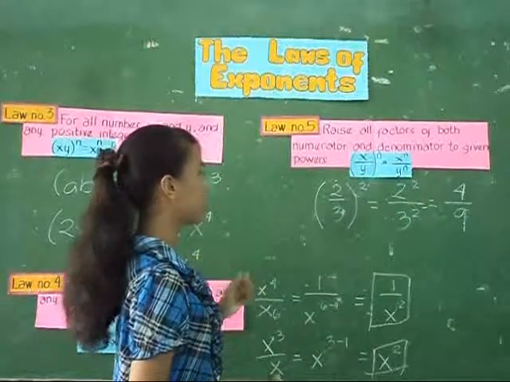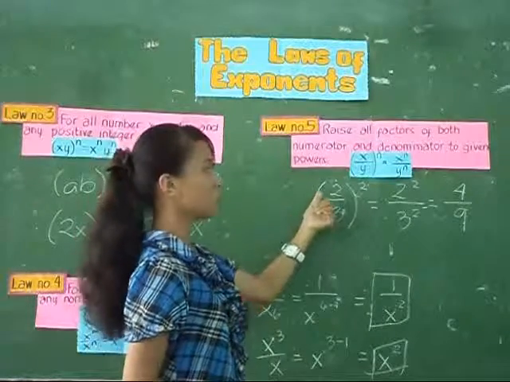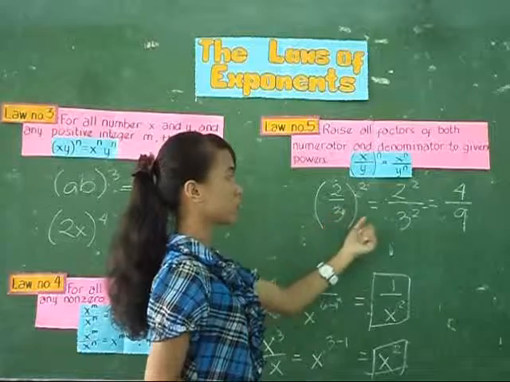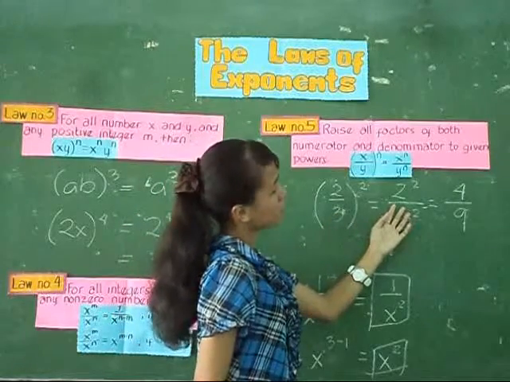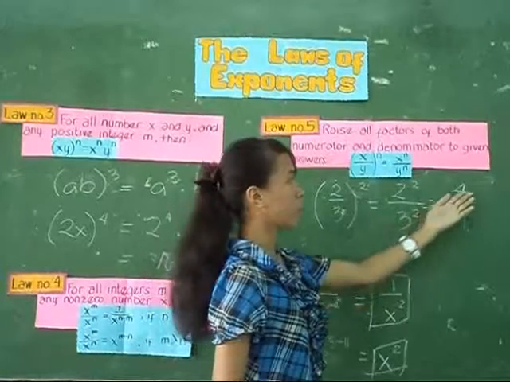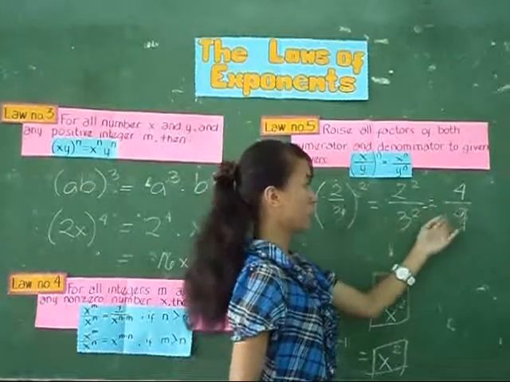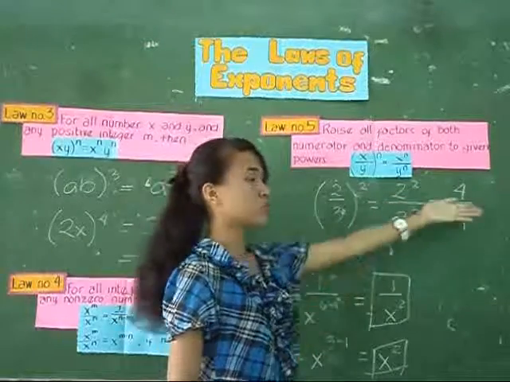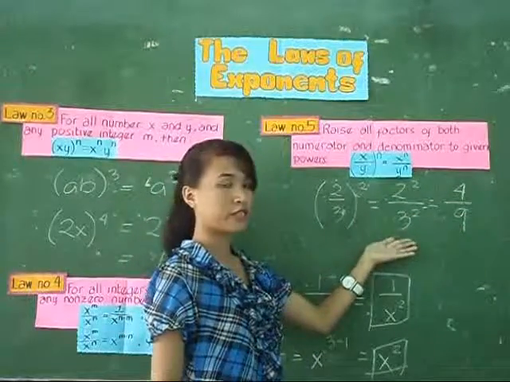We have the example, the quantity 2/3 to the power of 2 is equal to 2 to the power of 2 over 3 to the power of 2, which is equal to 4 over 9. Why 4? Because we have 2 times 2 is equal to 4, then we have 3 times 3.